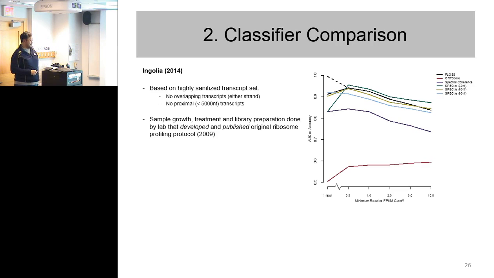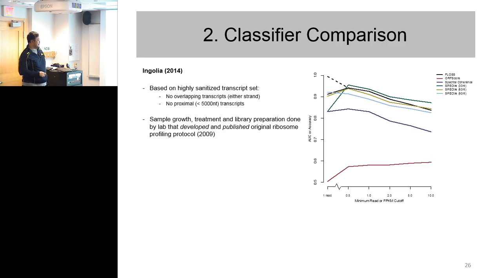What we see here is that using a couple of windows, particularly the 30 nucleotide window, outperforms their classification algorithm once you impose a cutoff to differentiate active versus inactive translation.